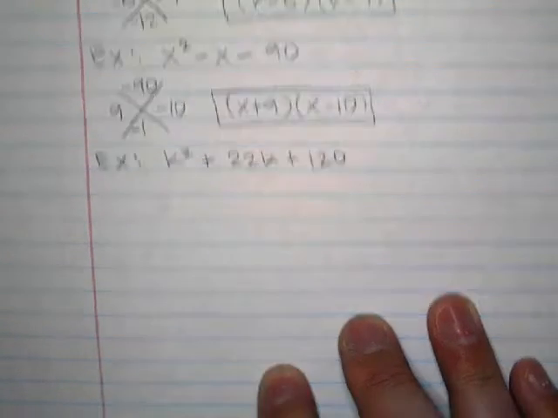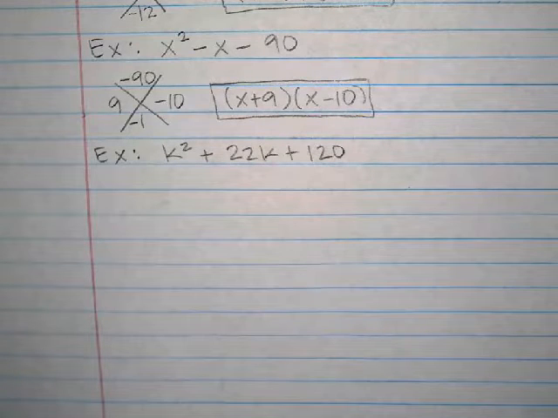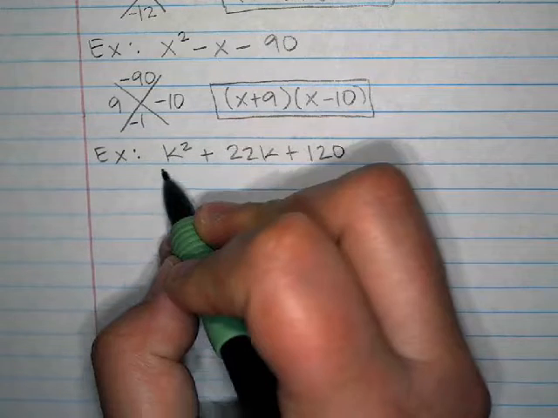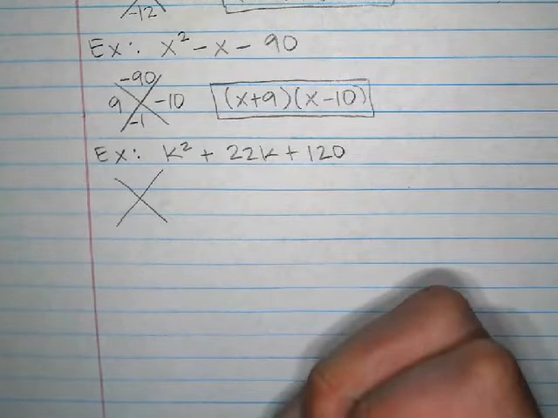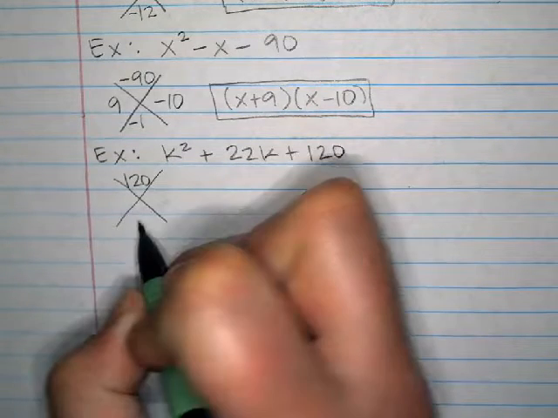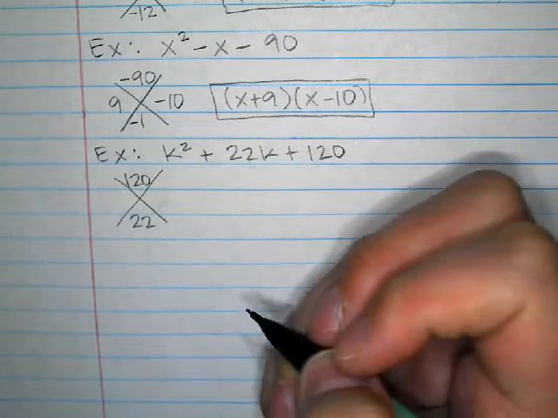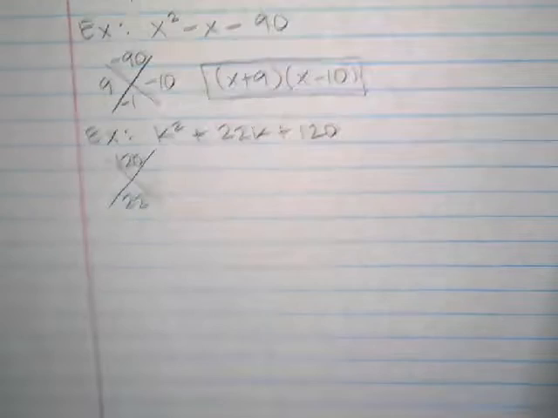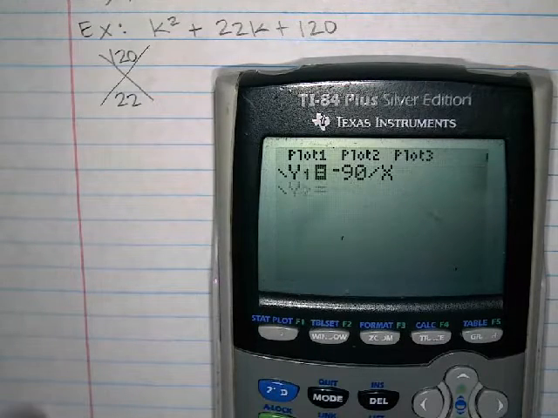Okay, k squared plus 22k plus 120. So we're looking for two numbers that multiply to 120, but add to 22. So what do I type in my calculator?